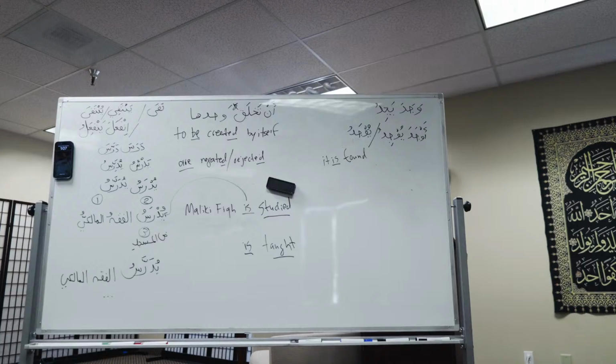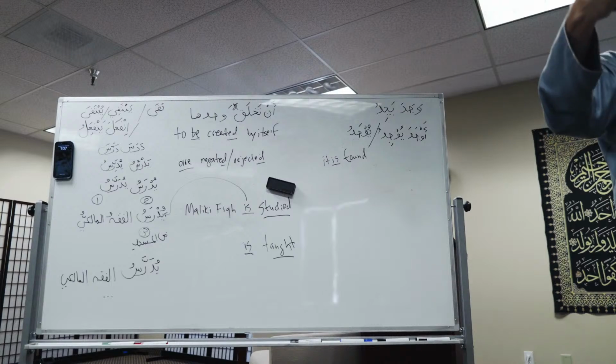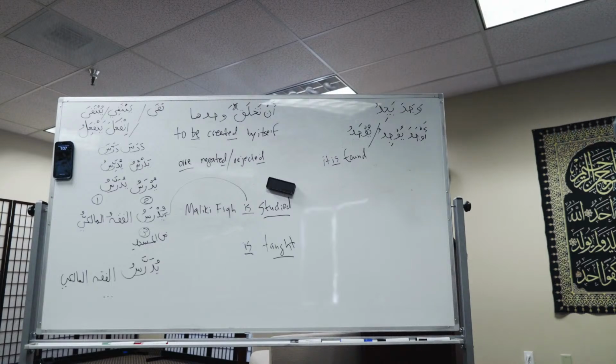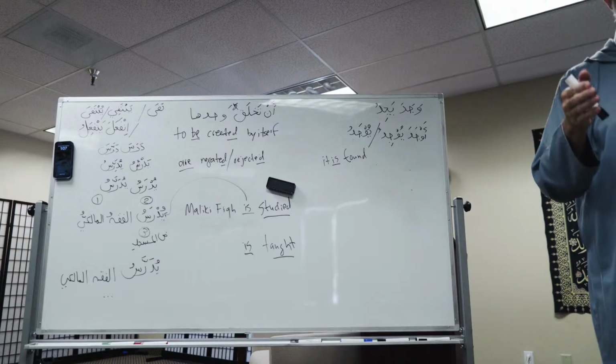yunfakhu. Nafakha means what? Nafakha means to blow. As Allah Ta'ala says, وَنَفَخْتُ فِيهِ مِنْ رُوحِي. We blew into Adam from our spirit. So nafakha means to blow. So we have yanfikhu, yunfakhu. Yanfikhu, he blows.